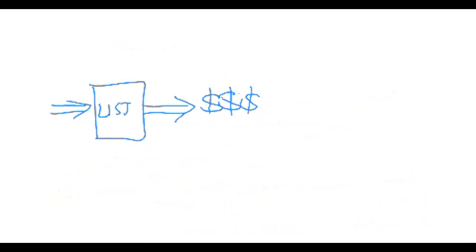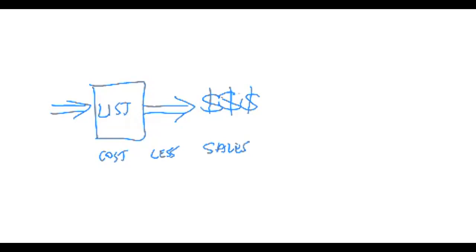Pretty simple. So the cost of list building has got to be less than the sales. And so affiliate marketing is pretty basic when you look at it like that.